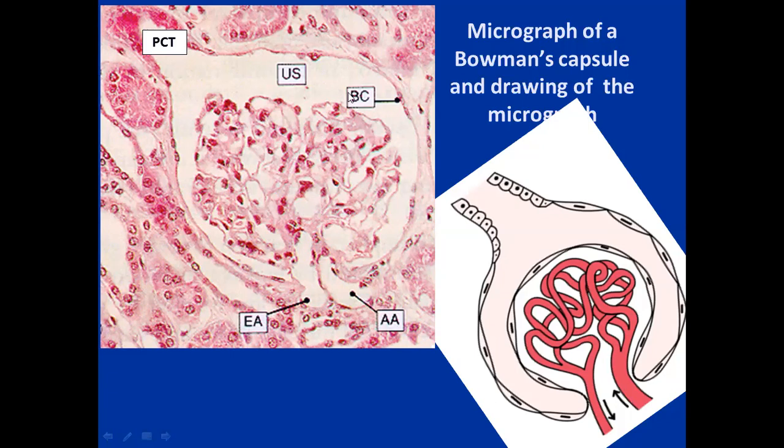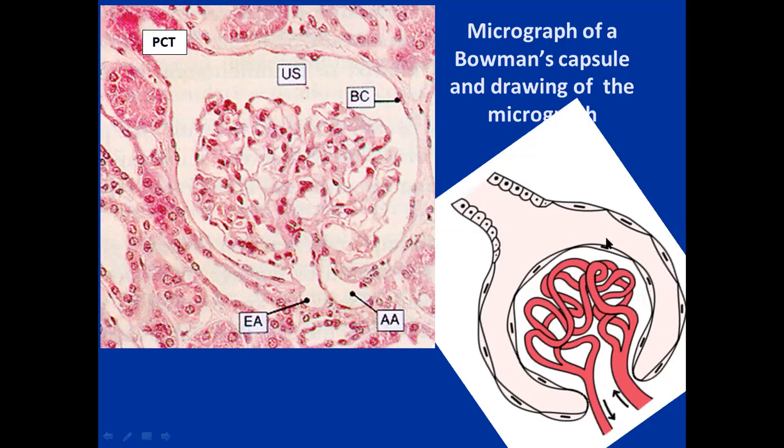Here's Bowman's capsule, and you can see it as a funnel-shaped structure, as opposed to the previous slide, which showed a section across this way. If you've got a section across that way, you're not going to see the opening of the funnel, the afferent and the efferent arterioles. I hope you understand that. There's the proximal convoluted tubule leading off there, and here are some little blood capillaries. There's a capillary.